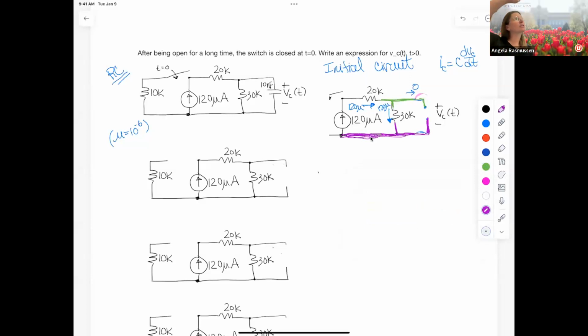With coloring those, I noticed that the green is on top of the 30K, and underneath it is the purple. So it's going to be the same as the voltage across that 30K resistance, which is Ohm's law, I times R. So I can write that V_C will be 120 micro times 30K. K is what? 10 to the third. Thank you. So this ends up being 3.6 volts. This is considered my initial value for that general form equation.